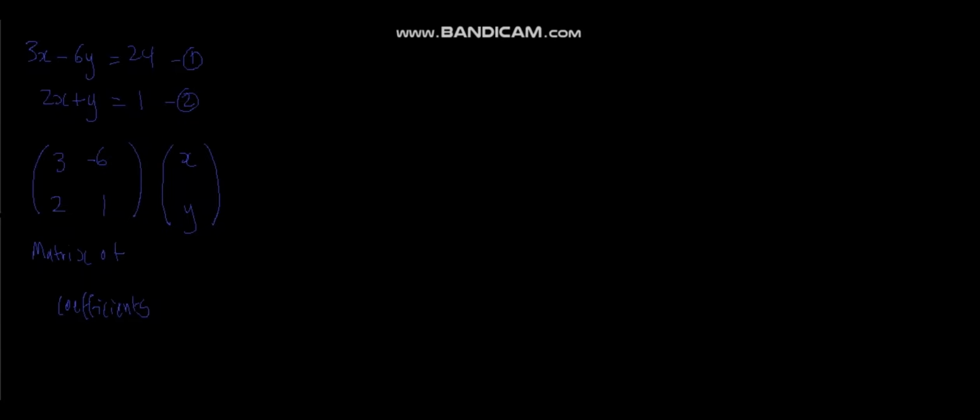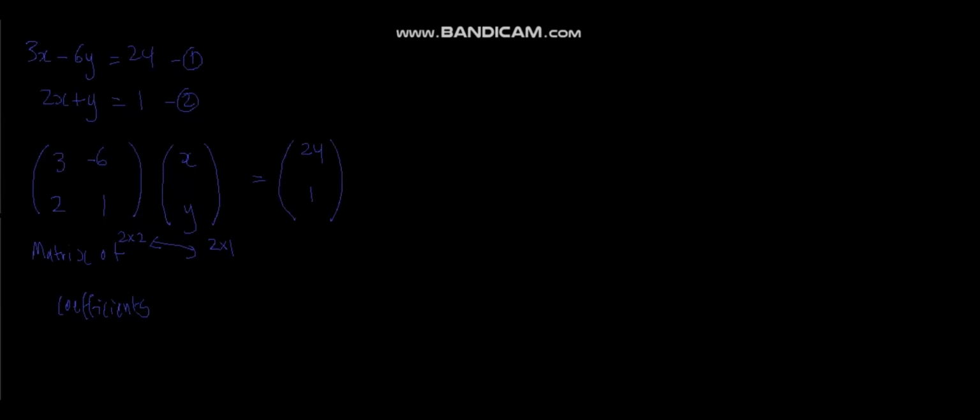That's just something interesting. Ponder that statement. So here we have a matrix of 2 by 1. Here's a 2 by 2. So it is commutable, and we equate it to our column vector of constants, so 24 and 1.